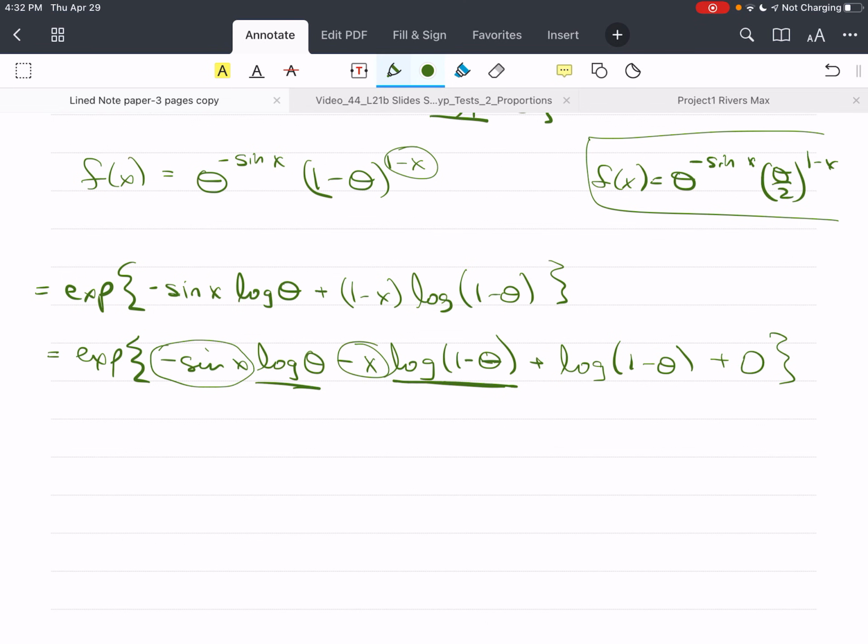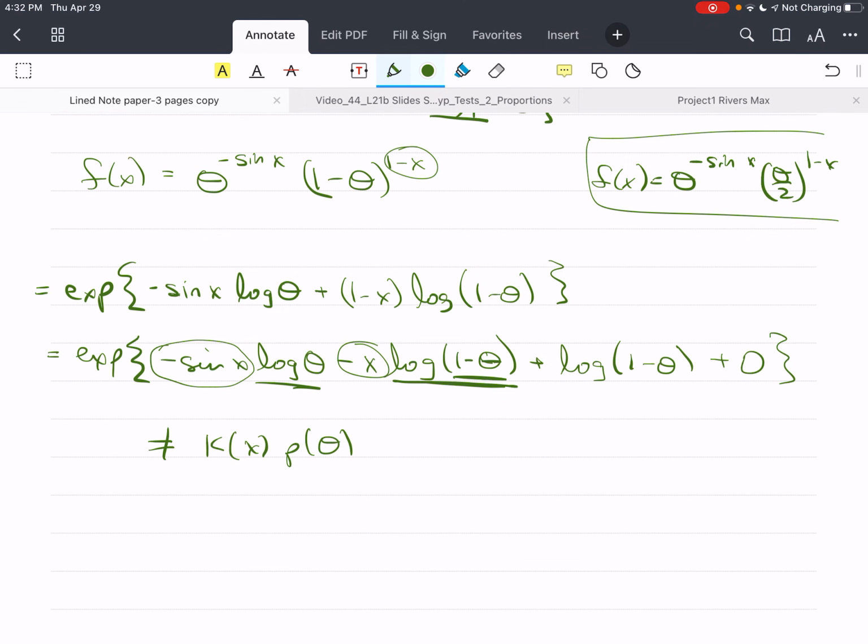There is no way that I can write this as a function of only x times a function of only theta, p of theta. There's no way to do it. I can't combine it that way because this is 1 minus theta and it's inside a log. There's nothing I can do.